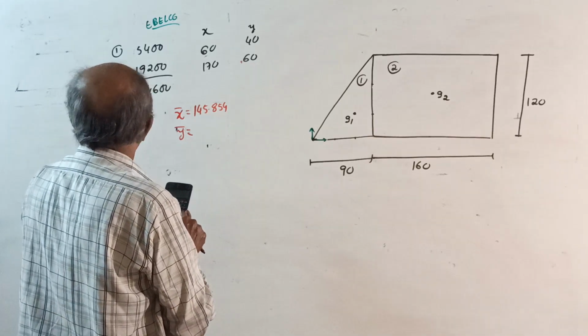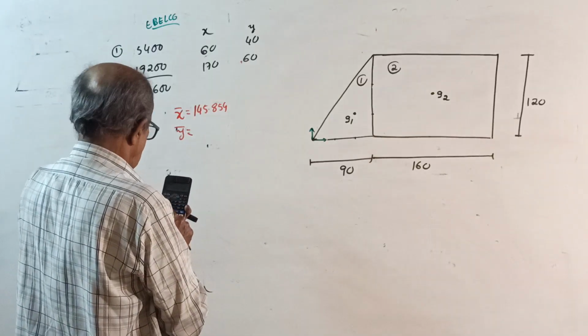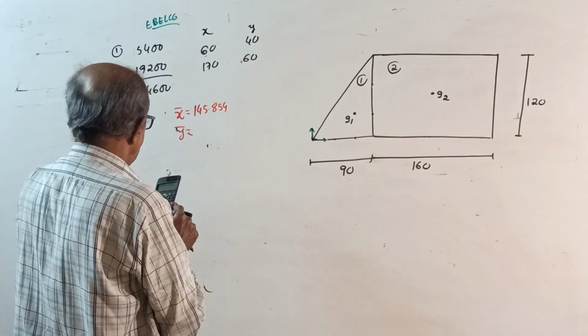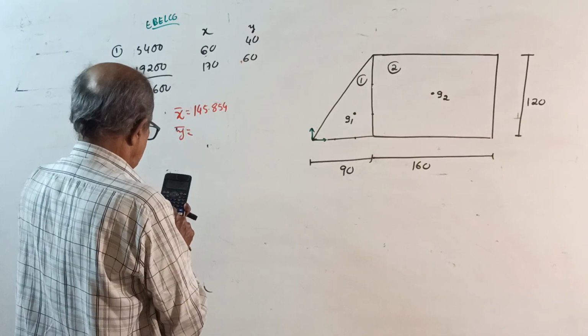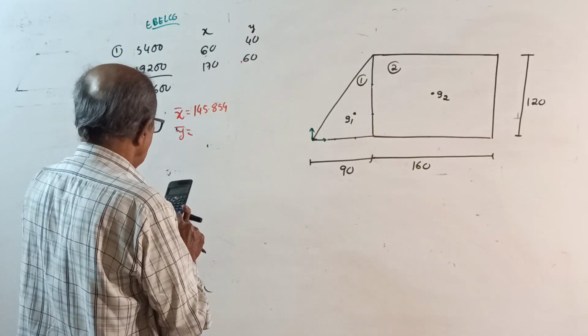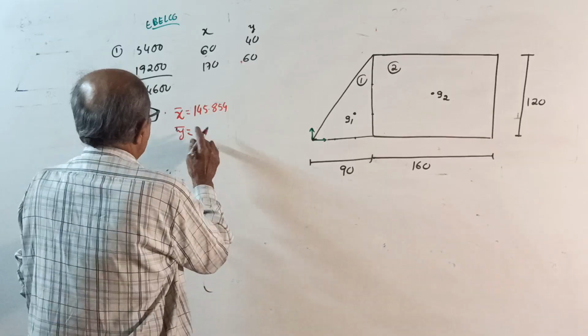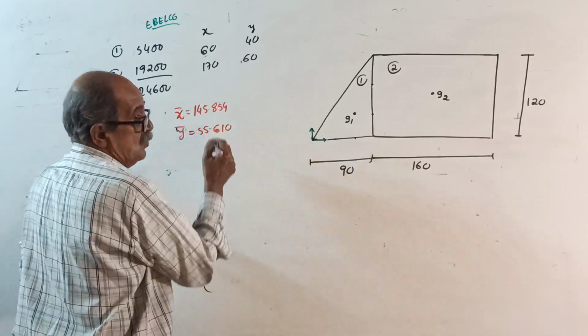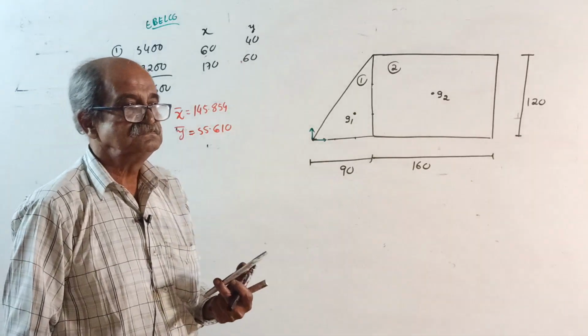Something wrong. Again, 5400 into 40 plus 19200 into 60 divided by 24600. I can make out 55.610, which is the value of y bar.